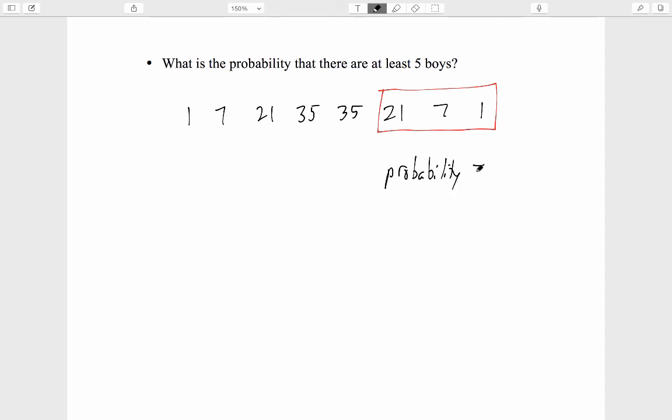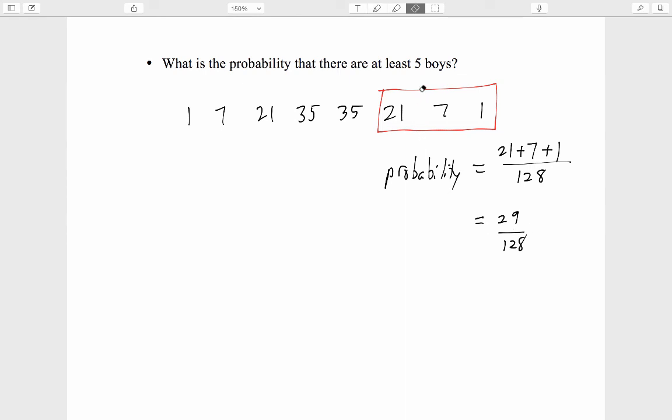If we do it this way, we conclude that the probability equals 21 plus 7 plus 1, all divided by 128. Each of these 21 plus 7 plus 1 outcomes is contributing towards our event of finding at least 5 boys. So that equals 29 over 128.